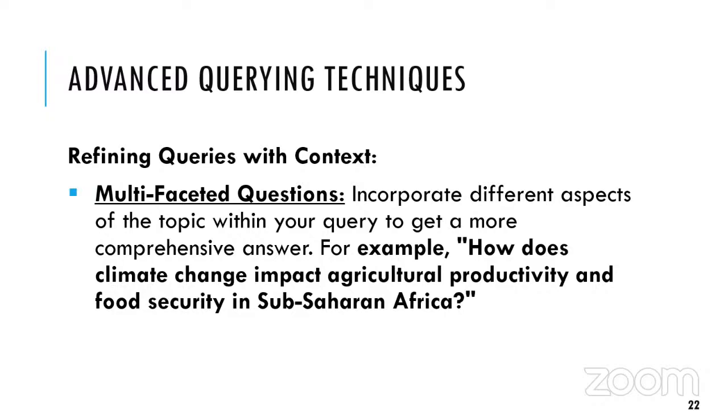For example, how does climate change impact agricultural productivity and food security in sub-Saharan Africa? This is something that you need to know. If you do not add all those elements, you will not be able to have a good answer to your query.